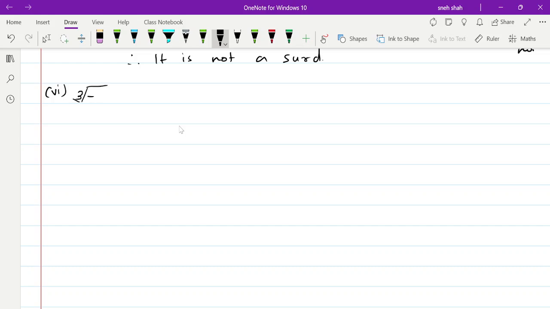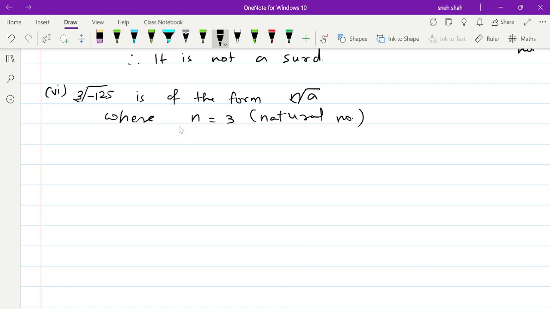So cube root of negative 125 is already of the form nth root of a, where n is 3, which is a natural number, and a being minus 125, it is not a positive rational number.